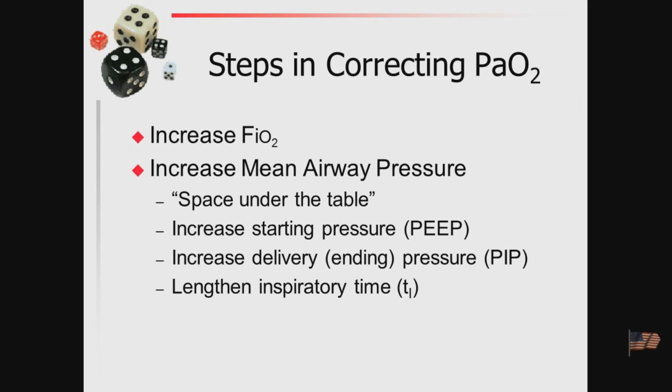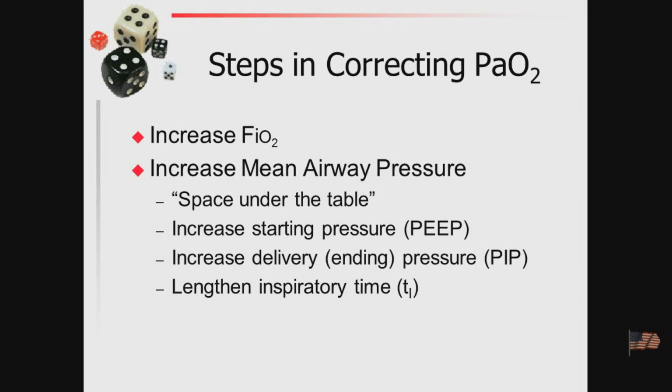Which one you choose kind of depends upon the clinical situation that you're working with. Certain things will respond better to one than to another. But they all will work, especially in those situations where raising the FiO2 isn't cutting it. Like in a patient who has a shunt as the primary cause of the hypoxemia.